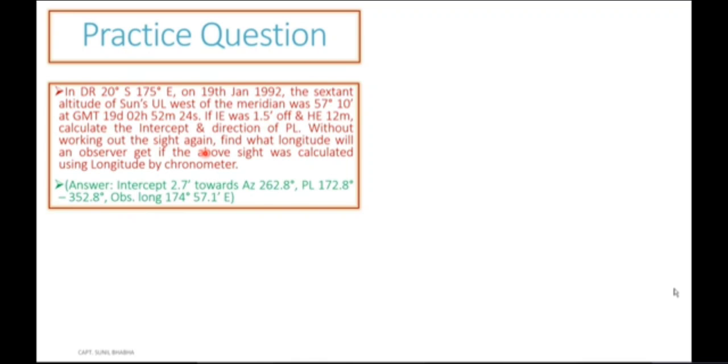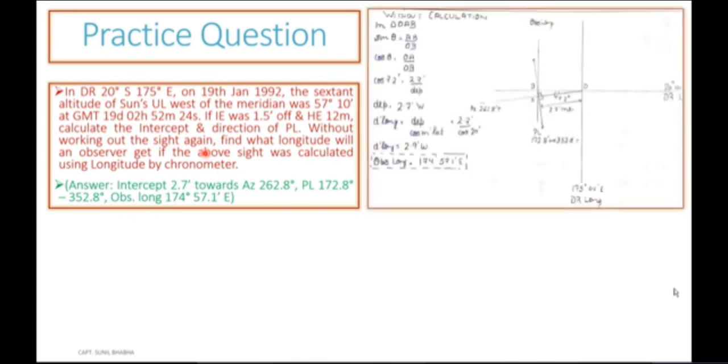We have already calculated the intercept. We have calculated the direction of the PL. So using this information, we can now plot the position line. As you can see here in this diagram on the screen, we have the DR latitude, 20 degrees south.